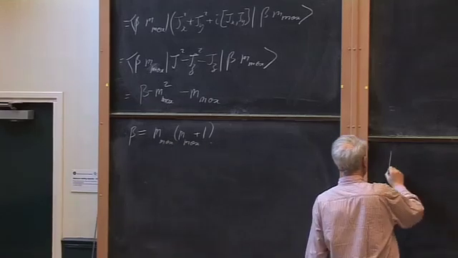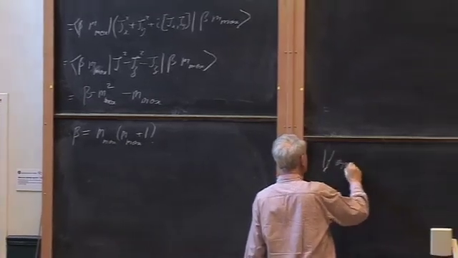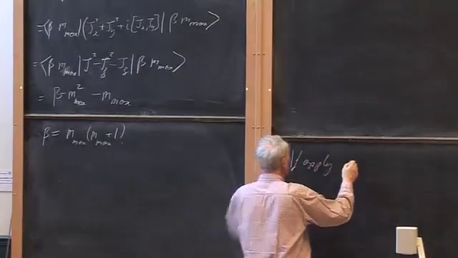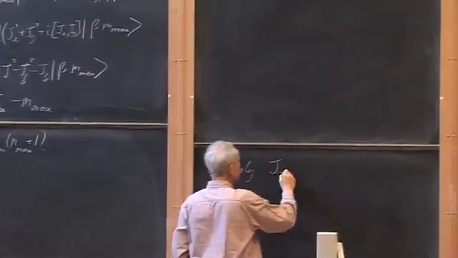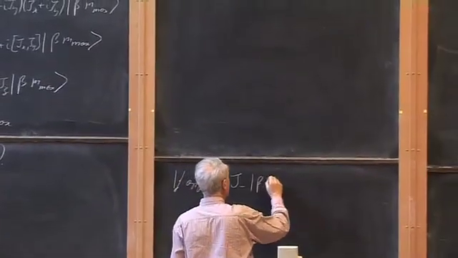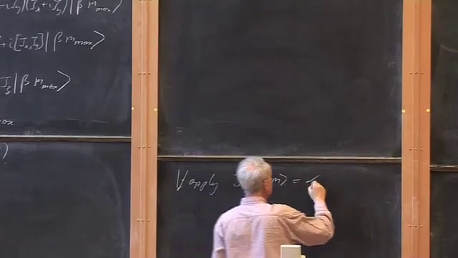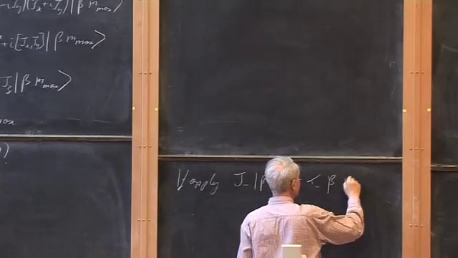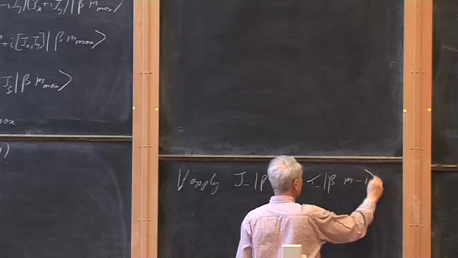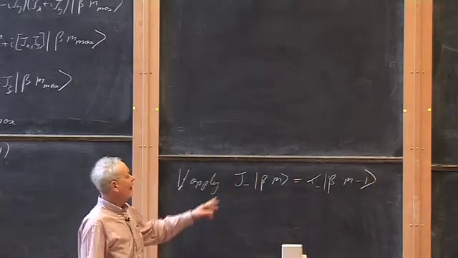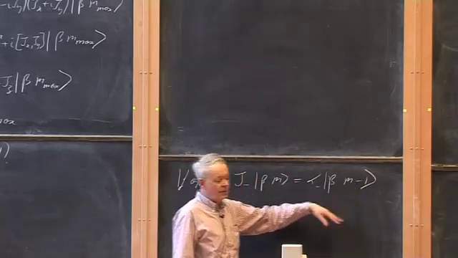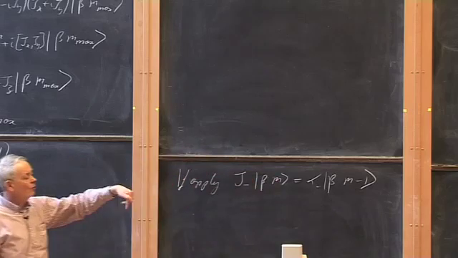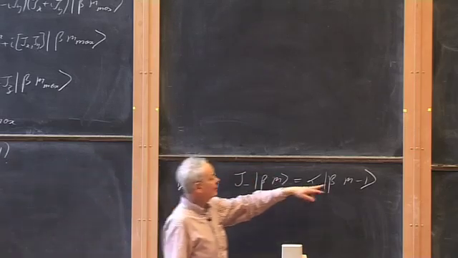So if we apply J minus to beta M, I claimed that this was alpha minus beta M minus 1. So let's imagine M starts off positive. As we take units from it, it's going to get smaller.